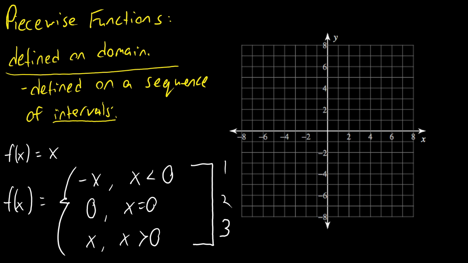So let's do the first one. We're going to have negative x, so that's just going to be like this, right? And this is going to be 1. And then we're going to have 0 right here. So we can label that as 2. And then we're going to have positive x.